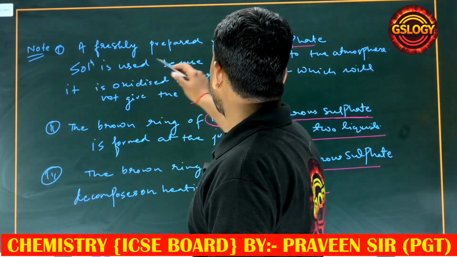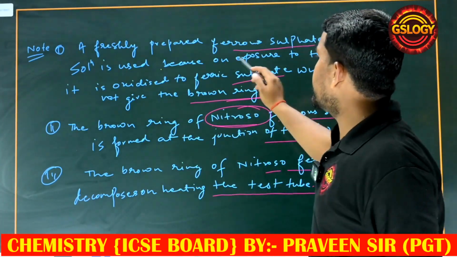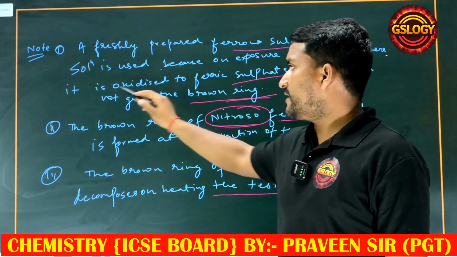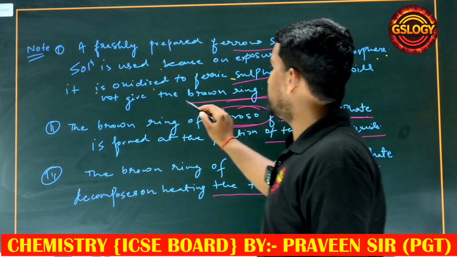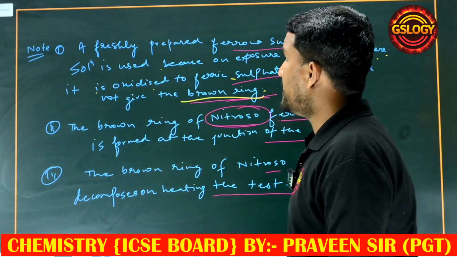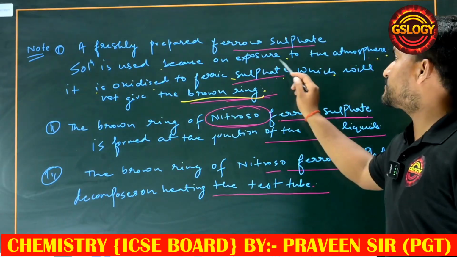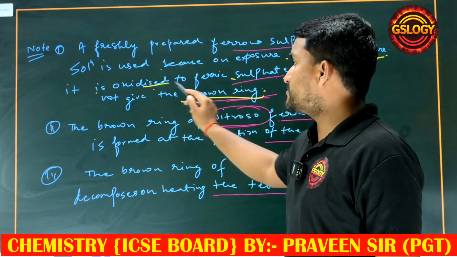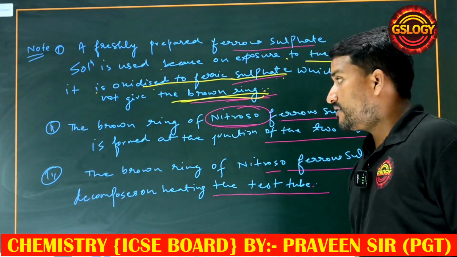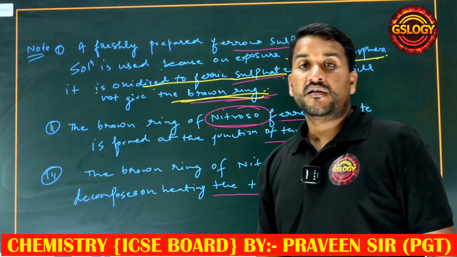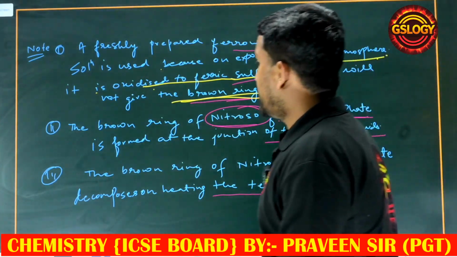Next, a freshly prepared ferrous sulfate solution is used because on exposure to the atmosphere it is oxidized to ferric sulfate, which will not give the brown ring. That's why always take freshly prepared ferrous sulfate.